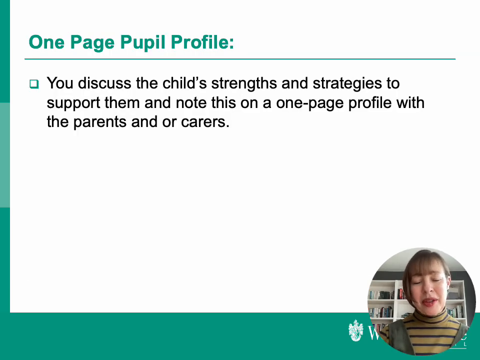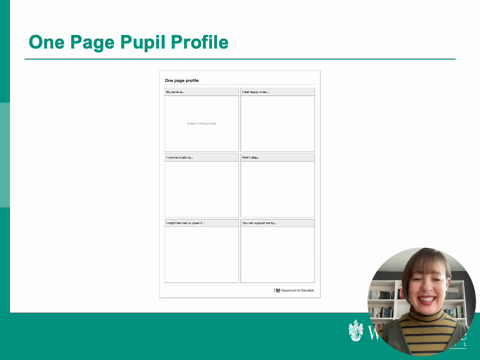Having made your starting point assessment, the suggestion on the DfE website is that you use a 1-page pupil profile to discuss and to note the child's strengths and the strategies best used to support them. This is the 1-page pupil profile on the DfE website as part of the assessment guidance.